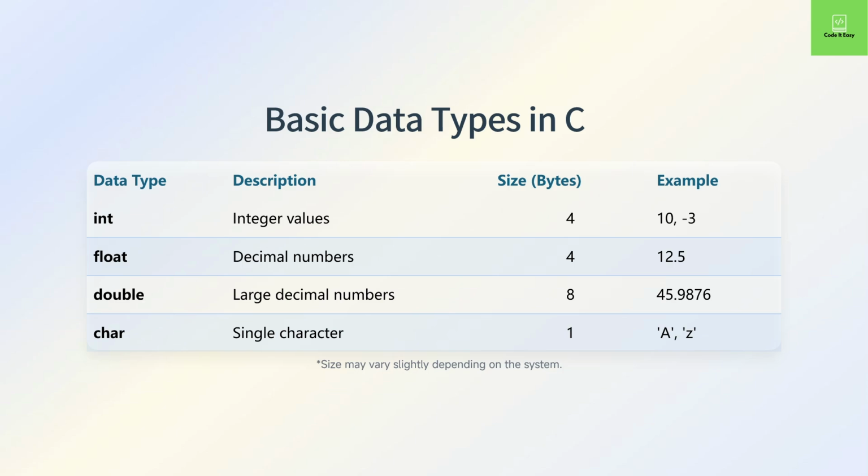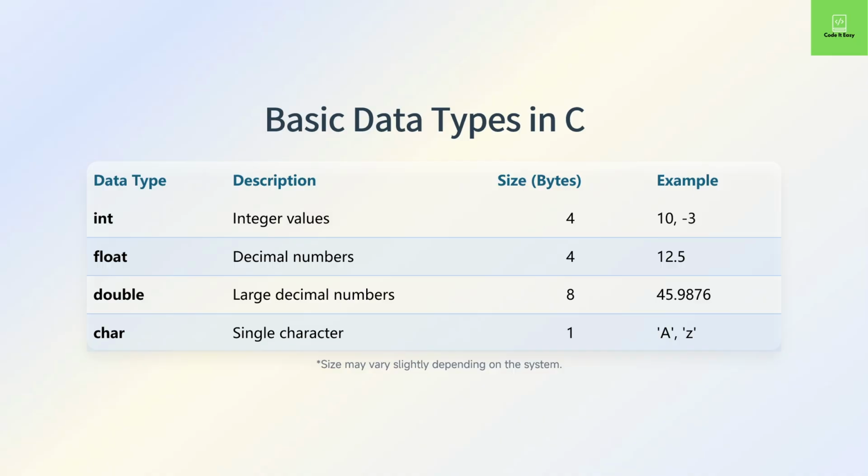Here's a quick overview of the main data types in C and approximate sizes. Int is used to describe integer values and its size is 4 bytes. Example: 10 and minus 3. Float is used to describe decimal numbers and its size is 4 bytes.